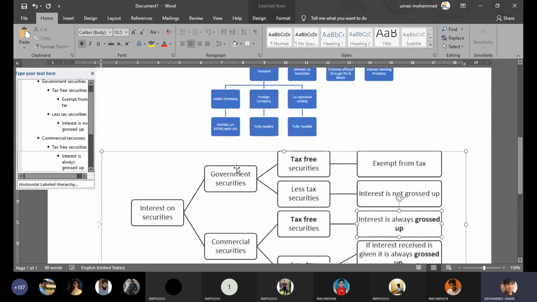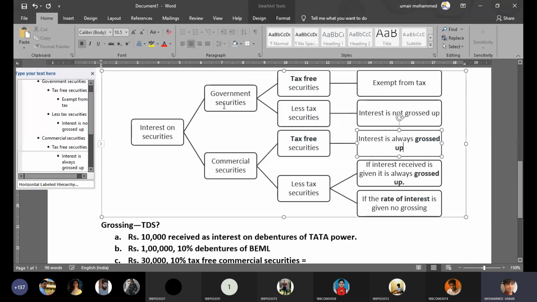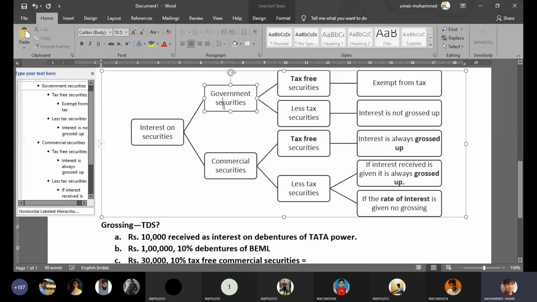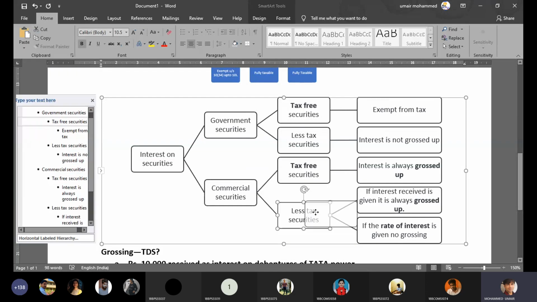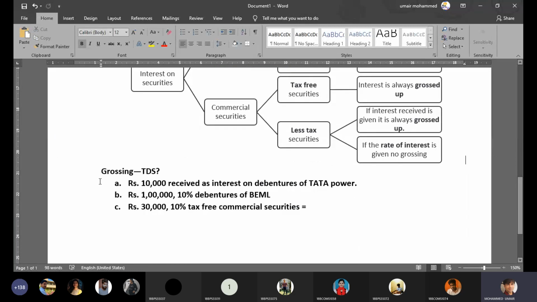See, you have to learn two things. First, you have to do a classification, whether it is government or commercial. Second, you should classify this into tax-free and less tax. That's the second classification. Now, once you've done the second classification of tax-free or less tax, the third and final decision you have to take is whether you should do grossing or not.